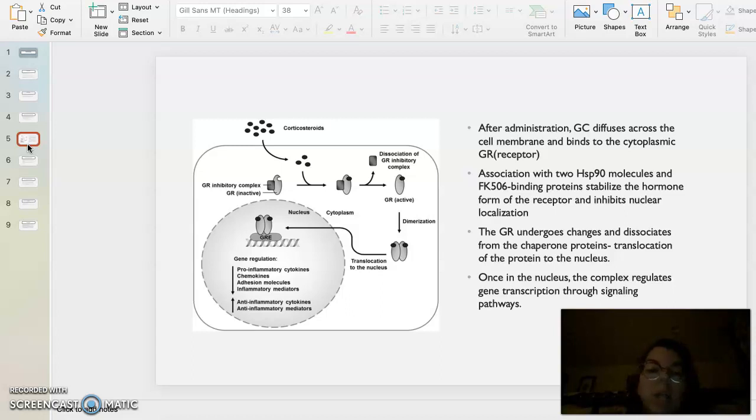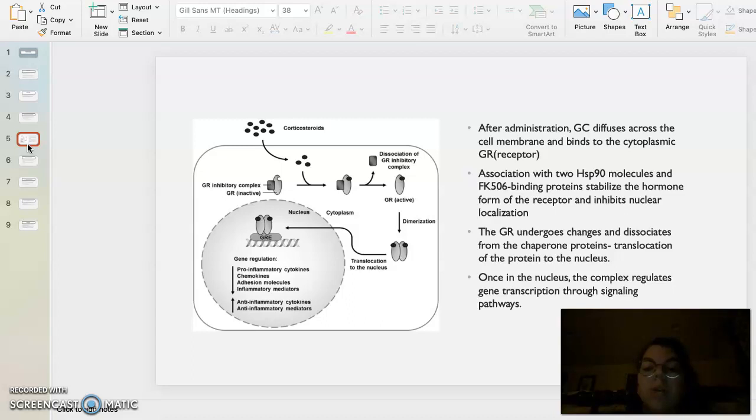So, again, the process by which it happens. After administration, it diffuses across the cell membrane and binds to the cytoplasmic GR, or the receptor. It associates with two HSP90 molecules and FK506 binding molecules to stabilize the hormone form of the receptor, and it inhibits nuclear localization.